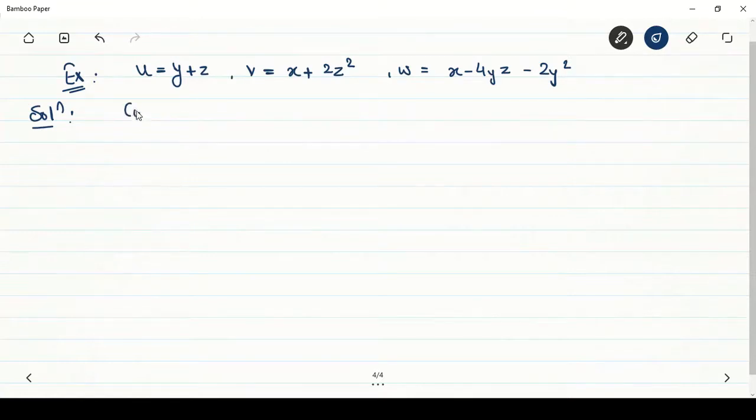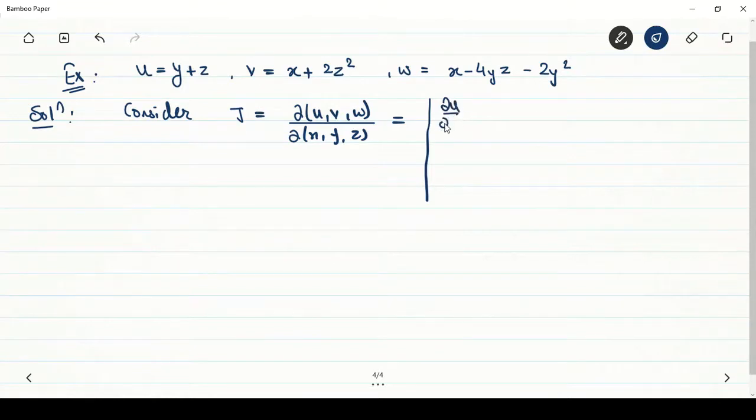So we consider this Jacobian, ∂(u,v,w)/∂(x,y,z). This Jacobian is given as a 3 by 3 determinant: ∂u/∂x, ∂u/∂y, ∂u/∂z; ∂v/∂x, ∂v/∂y, ∂v/∂z; ∂w/∂x, ∂w/∂y, ∂w/∂z.